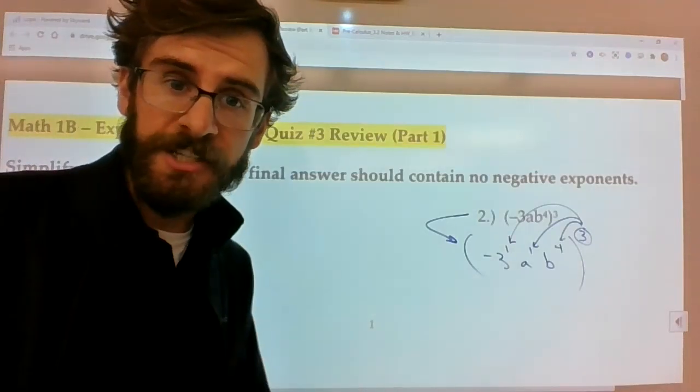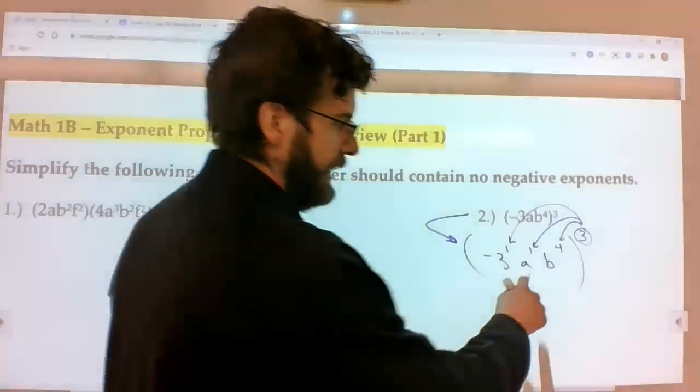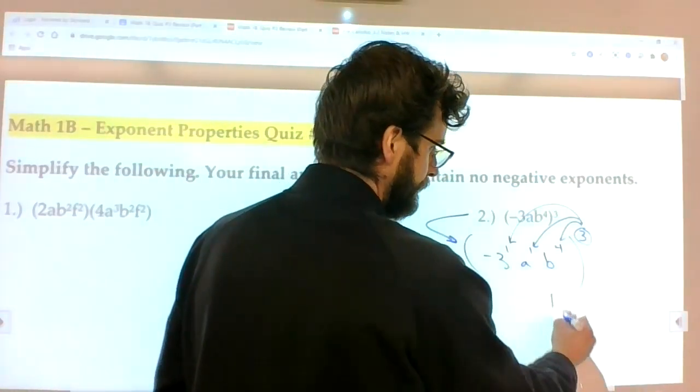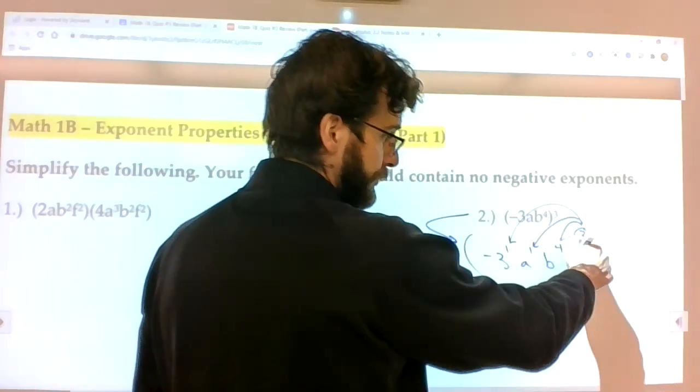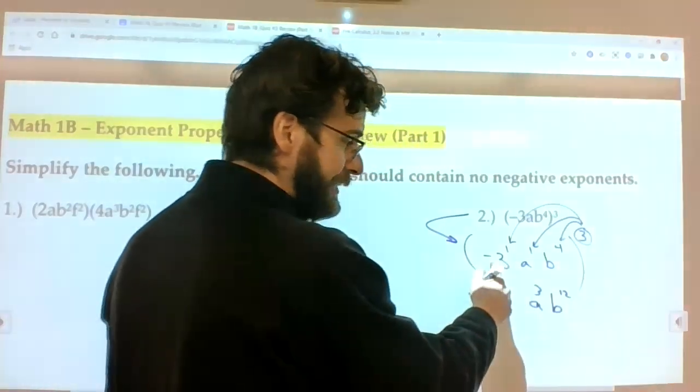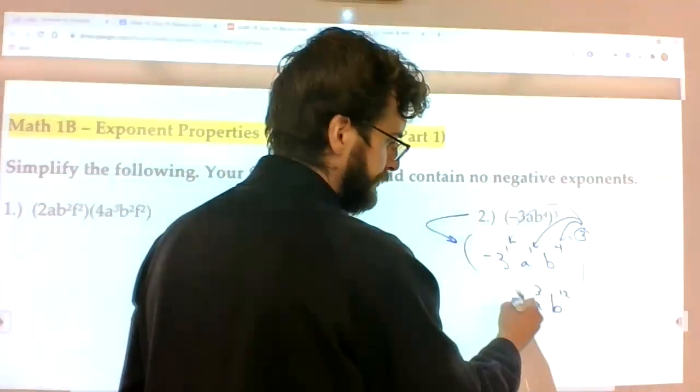So what this creates, through multiplication, is b to the 12th, a to the 3, and negative 3 also to the 3 power.